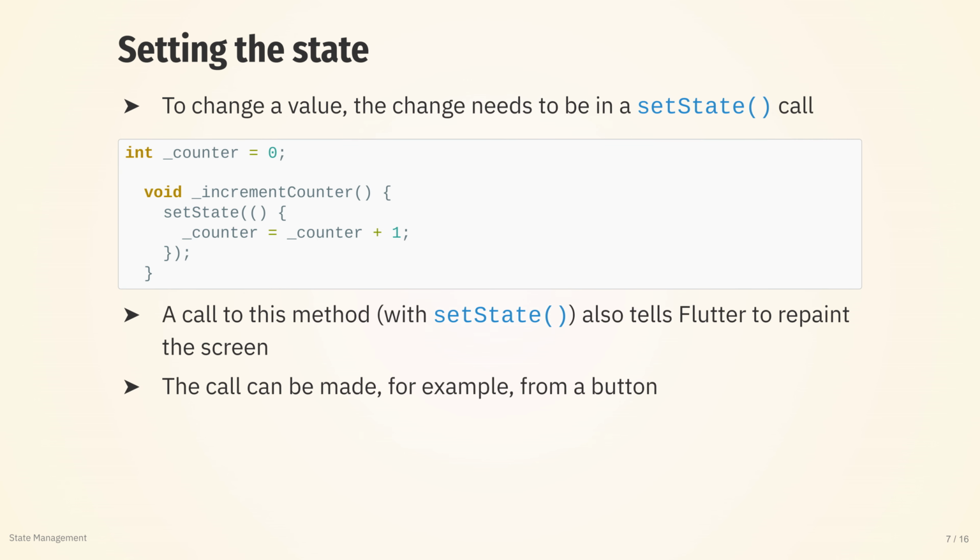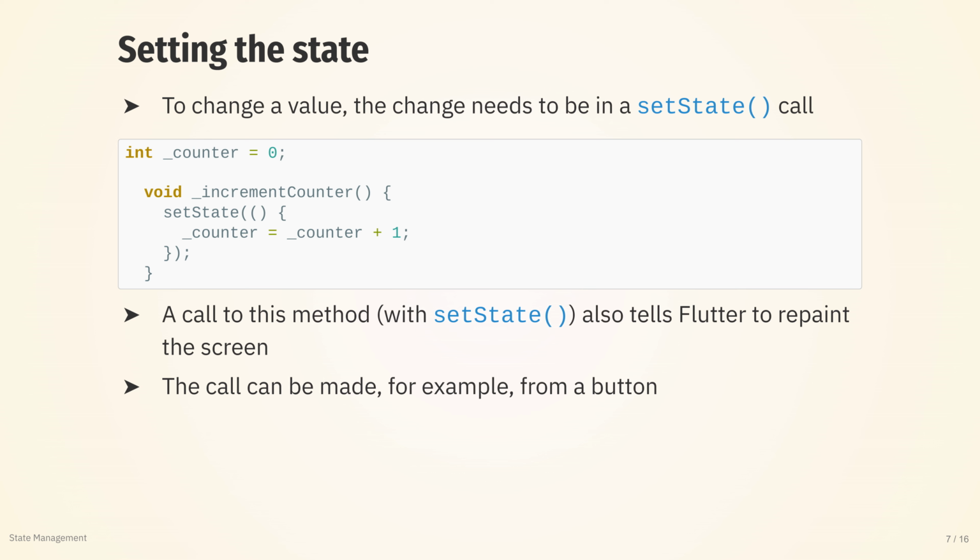So in for example this one, we create the counter, which is a private field, int _counter is 0, and then we have a method incrementCounter, which will use a call to setState, and this setState is what's actually making a change to a state. So it's unfortunately not enough in this incrementCounter to say that we want to increment the counter by 1.